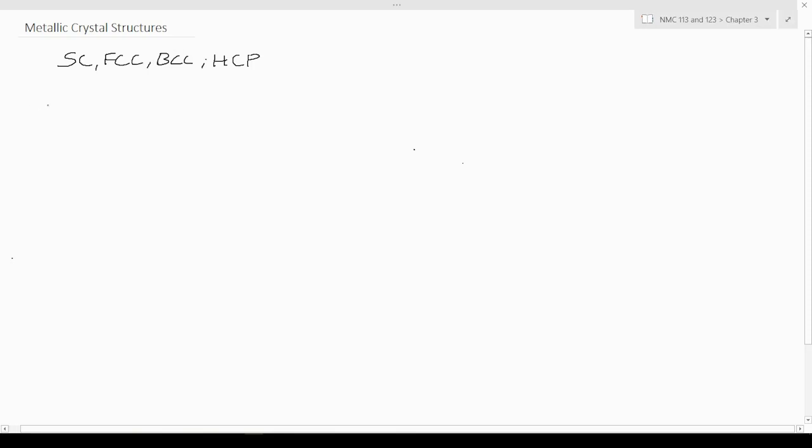And the characteristics of these crystal structures that you need to be familiar with. The first one is the coordination number, which is the nearest touching atoms.